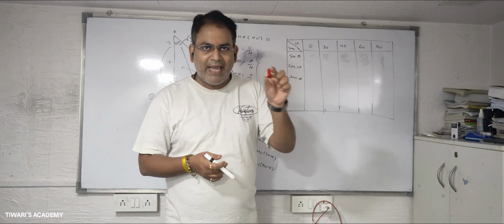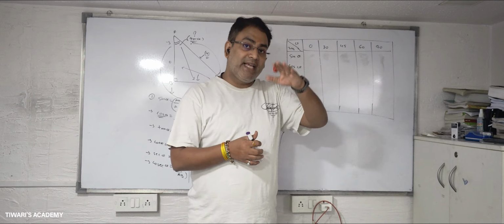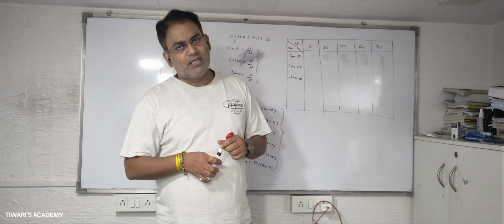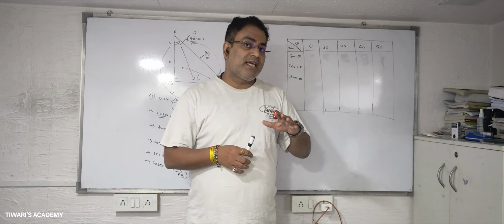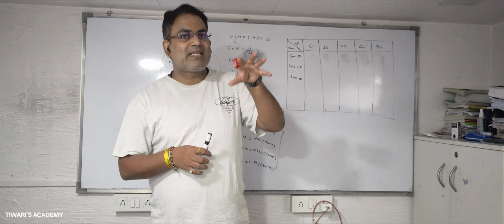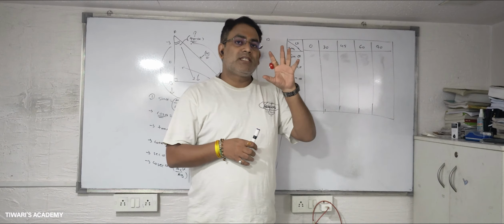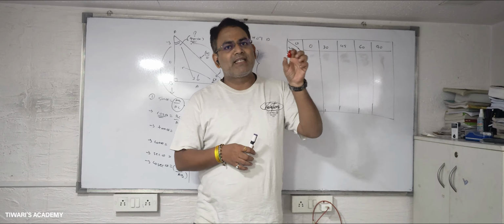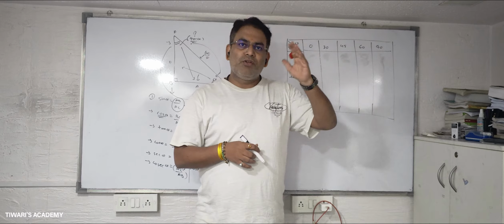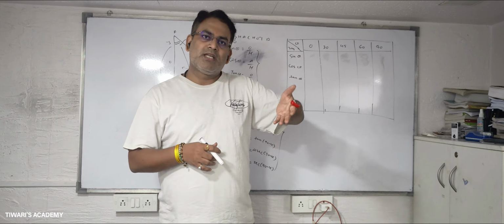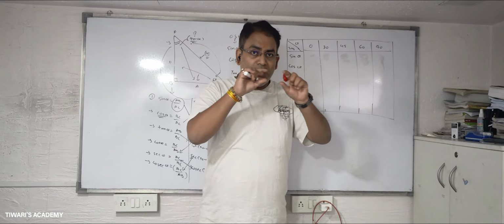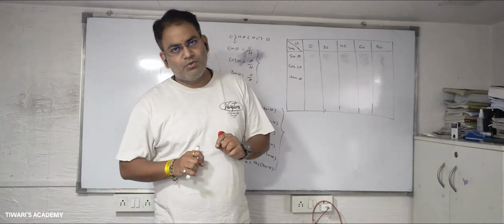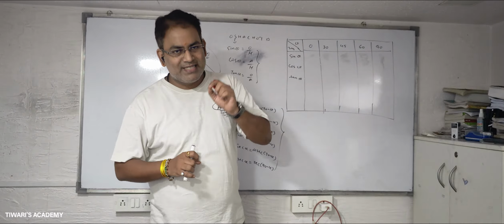We can create the values for sine 30, sine 45, sine 60 and sine 90. I'm emphasizing sine because once you are able to make sine values, automatically you will be able to create cos, tan, cot, sec, cosec.